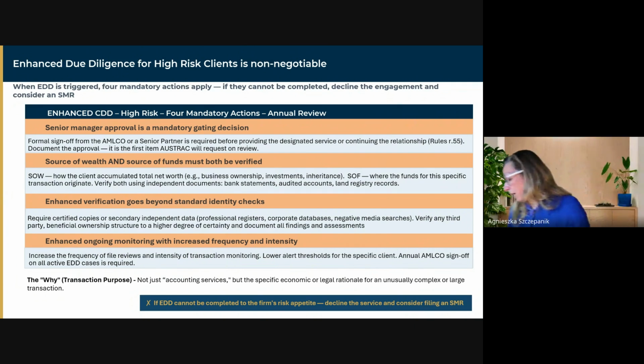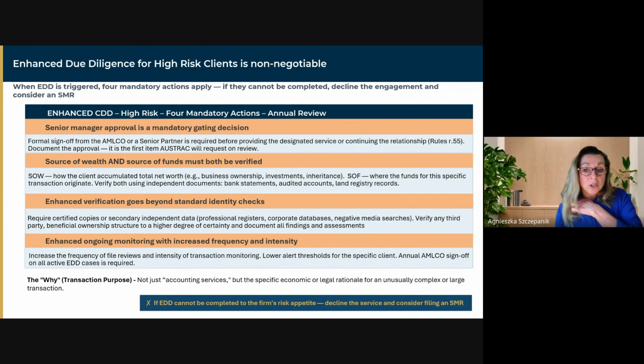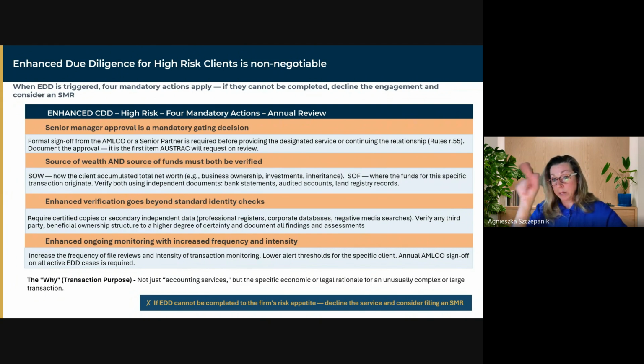Yes. So now enhanced due diligence. So when you have customers who you've defined as being high risk, so we talked about risk in our last session, high, medium, low risk. High risk is when you're automatically a foreign PEP, or when certain indicators take your client to a higher risk status, which means you have to check their information every year, and you have to do a little more.